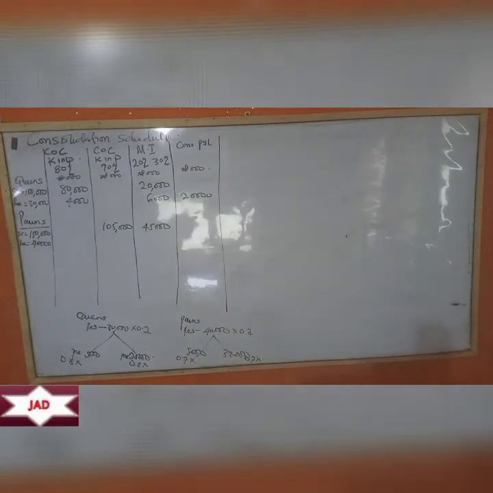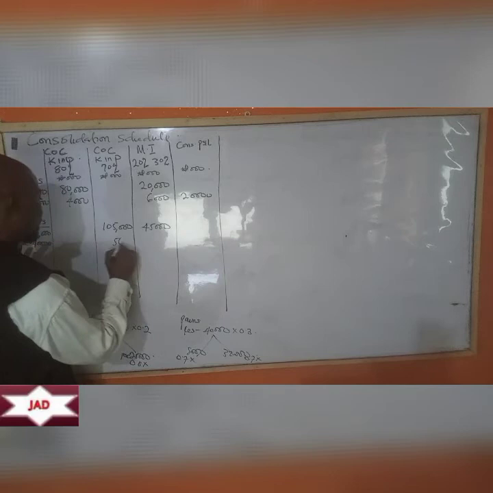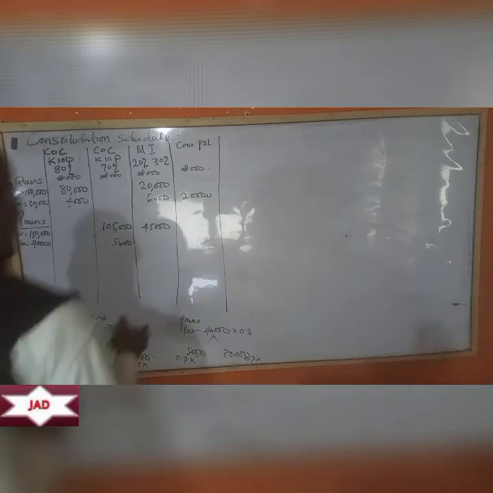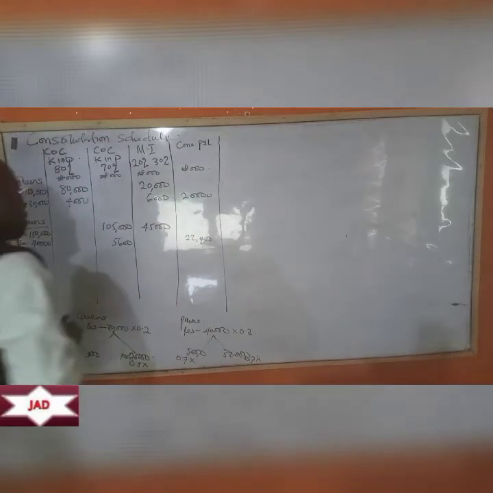So 0.7 times 8,000 is 5,600. Then 0.7 times 32,000 is 22,400.